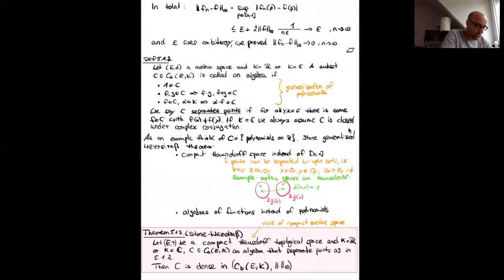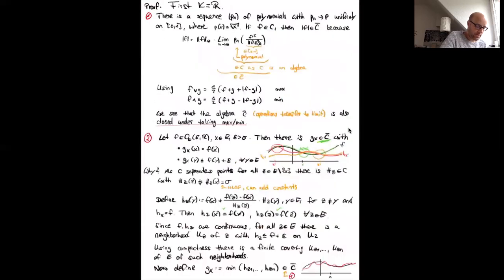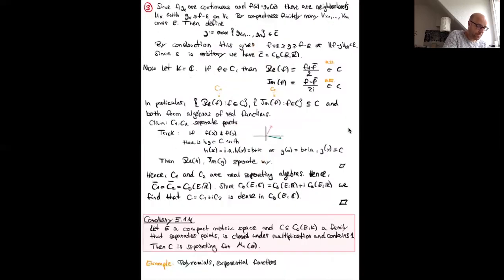We have the assumption it's an algebra, and we need that the algebra separates points. It's written here in the assumption. So if I want to apply the first part of the theorem, I need that these two separate points. So why is this true?